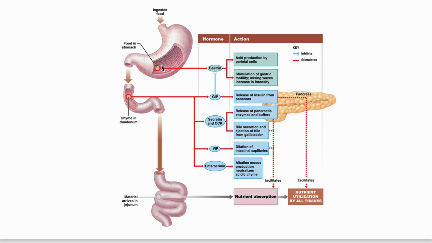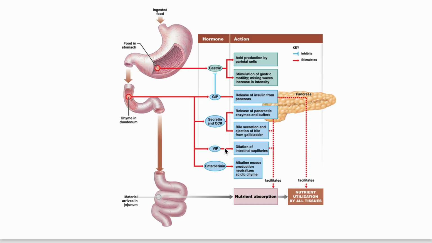As the chyme now moves out of the stomach and into the duodenum, that is going to trigger the release of a whole bunch. So GIP is going to be triggered. That's going to cause the release of insulin from the pancreas so that we can mobilize the rising blood sugar levels and get the sugar into cells. We're going to see secretin and CCK released, where secretin is going to release pancreatic enzymes and buffers, and CCK is going to result in the bile being released from the gallbladder into the duodenum.